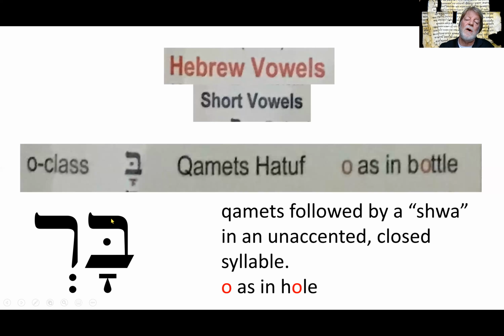So it's open because it would be saying ba and ra together, ba, ra, which in fact is the way the word create, bara, in Hebrew is pronounced. But when you have at the beginning of a word a kamats with a shva beside it, and it's an unaccented closed syllable. This is a closed syllable because there's not a vowel under this consonant. There's only a shva, a placeholder.